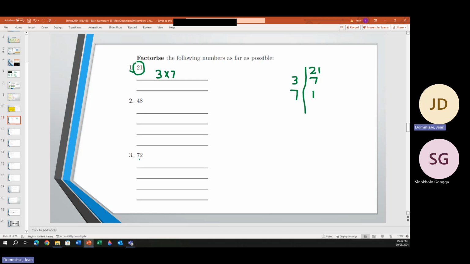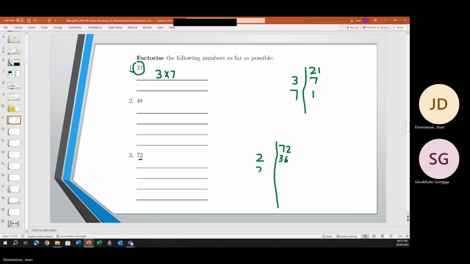So let's rather look at 72. I hope that will have many more factors. Again, I'll start with the smallest number first, which is 2. So 72 divided by 2 gives me 36.